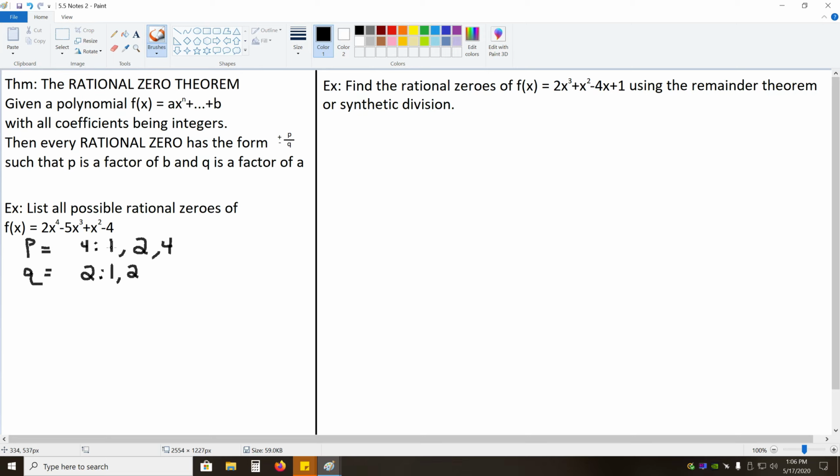So starting off with this 1, we get 1 over 1, and then 1 over 2. From there we now have the 2, we have 2 over this 1, and then 2 over 2. And finally we have 4 over 1 and 4 over 2.